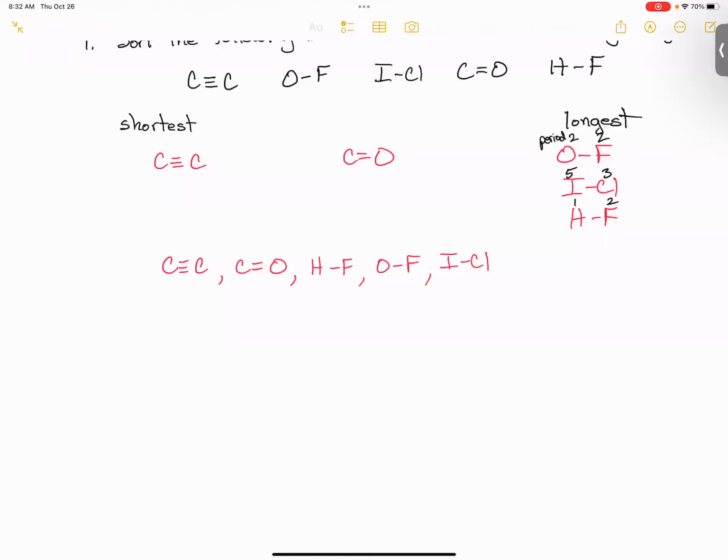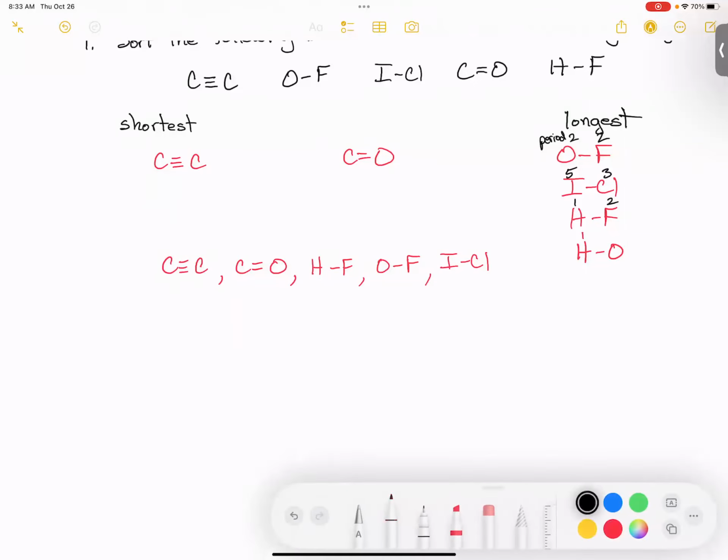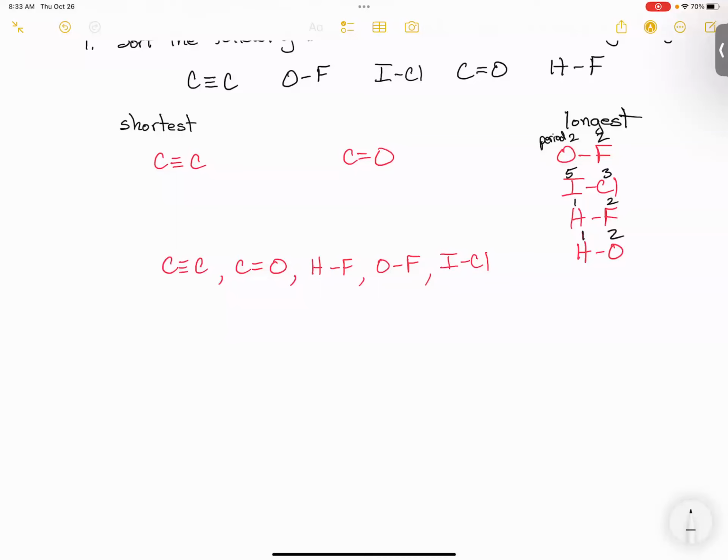If I'd have had one more in here, let's say I would have had HO, for instance, where would it have fallen in this grouping? They are both in period 1 and 2. Remember, we're going from shorter to longer.